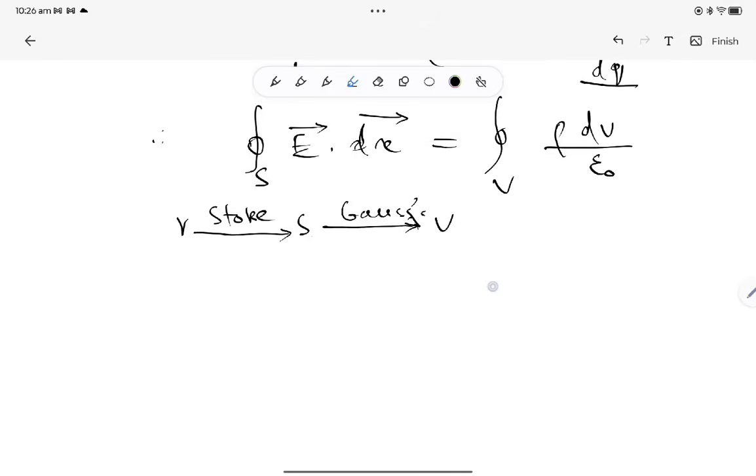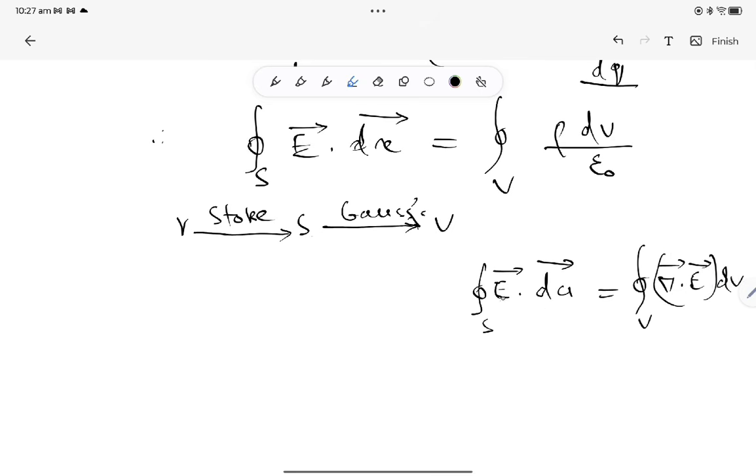And we know that we have this theorem that if you have a surface integral of, say, electric field over a closed surface, then this is equal to the volume integral of its divergence, del dot E dV.